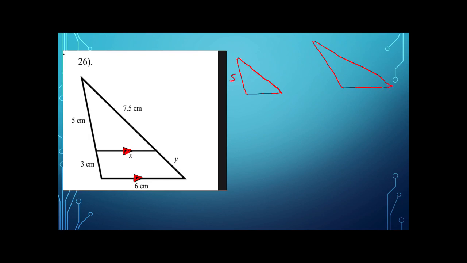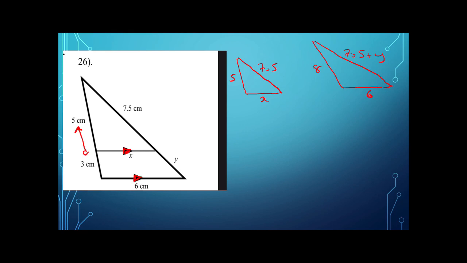So this is 5, this is x, this is 7.5. Now this is 8. Can you see that's 5 plus 3 is 8? And this is 6 here, and this one here is 7.5 plus y.